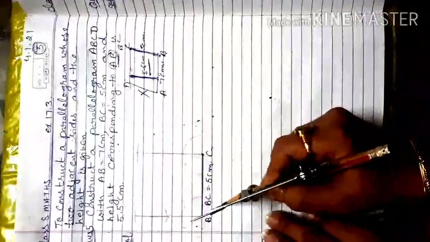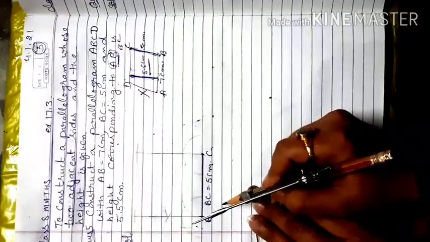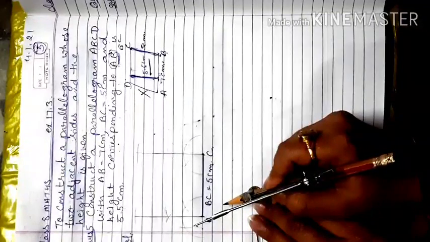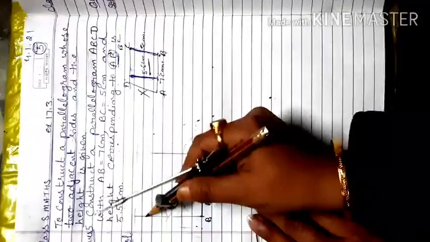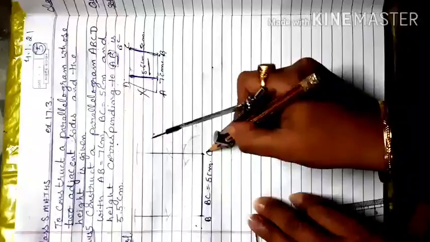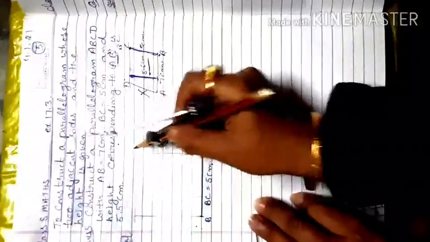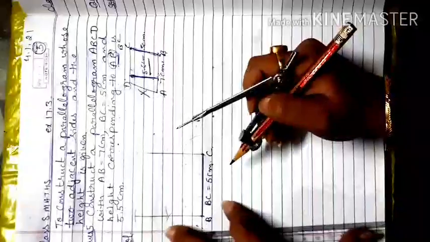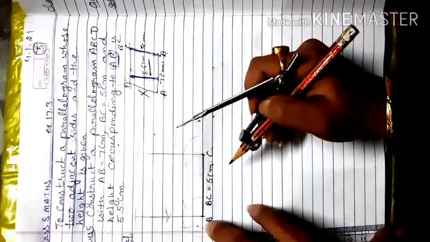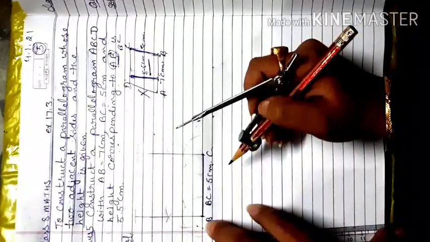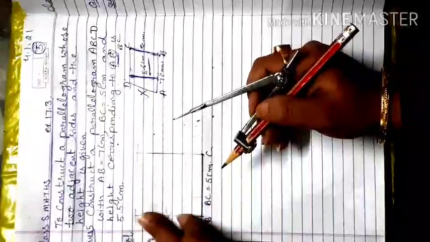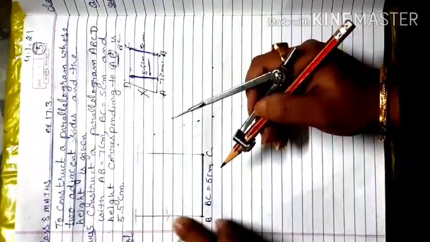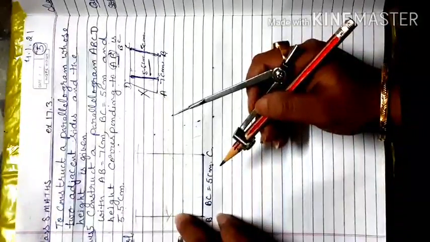I have to draw A, B, C, D, and they said the AB distance will be 7 centimeter, but the distance between the two parallel lines will be 5.5 centimeter.